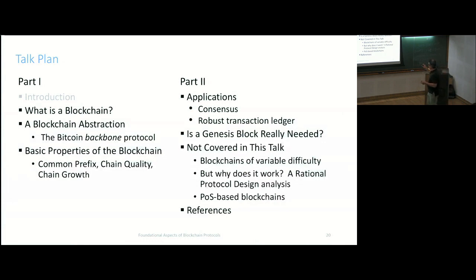And finally, the focus of this talk is on proofs of work, but I'll mention something about proof of stake blockchains, because there are some new elements there, which you already saw during this workshop. And then I'll give you some references for you to look at.